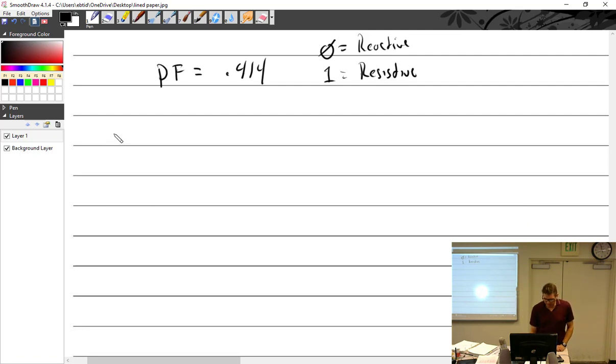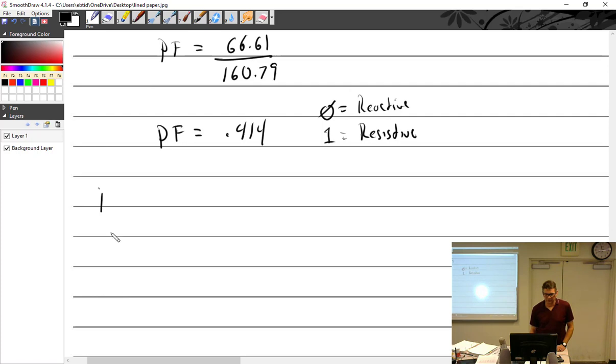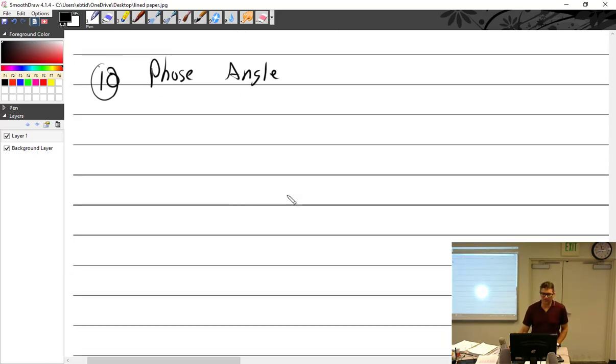the phase angle. What's this, number 9? 10. Phase angle. All right, so for phase angle, we need to have our SOHCAHTOA.